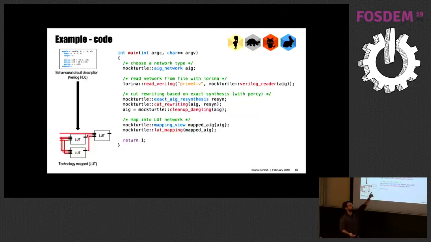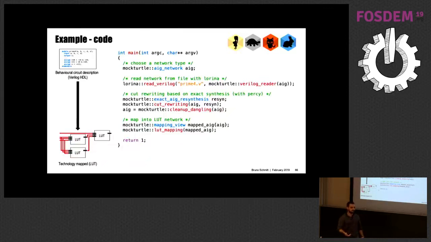So Mock Turtle already has the Lorina library inside it, and Kitty and Percy. Because of what it does, it has most of the other modules already in it. They have their own namespace there, but they already come with the code itself. They are pre-baked.